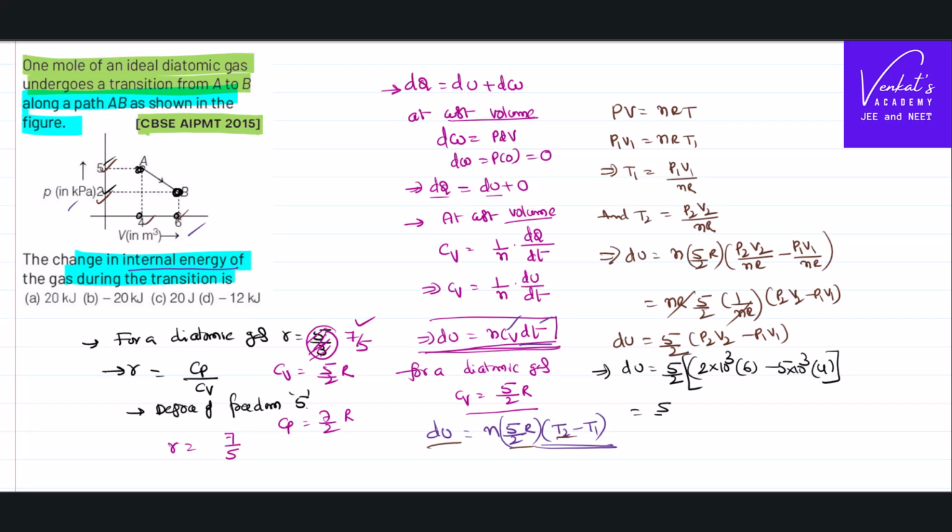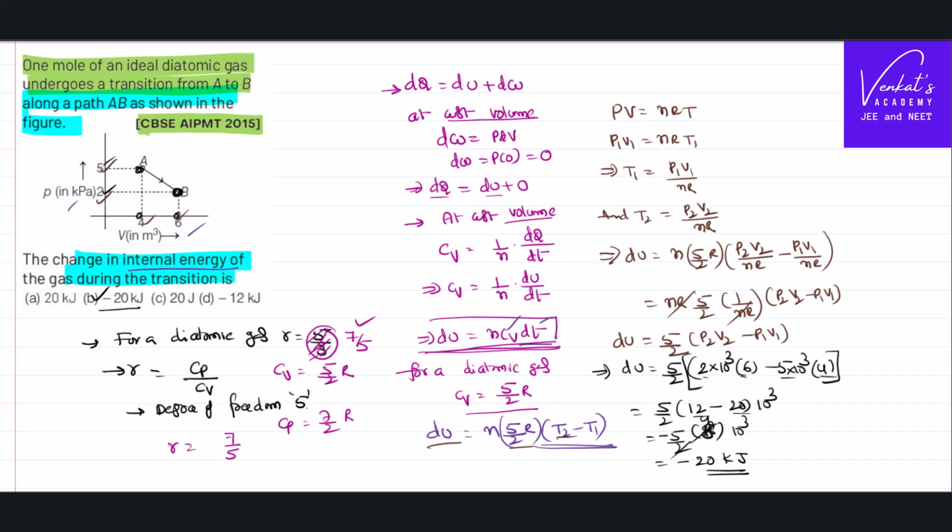So this is 5 by 2, 2 into 6 is 12, 5 into 4 is 20, 10 power 3 is common. 5 by 2 times 12 minus 20, which is minus 8. So this is 4 times 5, that is 20, and 12 minus 20 being minus 8, so minus 20 into 10 power 3. 10 power 3 can be written as kilojoules. So the answer is minus 20 kilojoules.